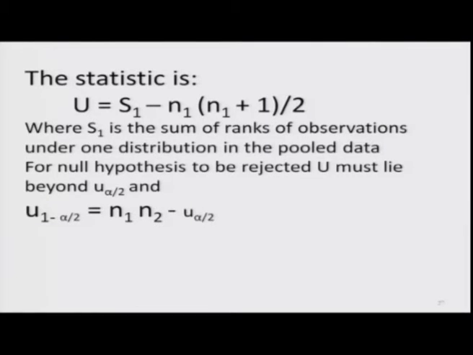Then the test statistic is U equal to S1 minus N1 times N1 plus 1 divided by 2. Those who are familiar with algebraic series can see that this N1 times N1 plus 1 by 2 is nothing but the sum of N1 natural numbers.